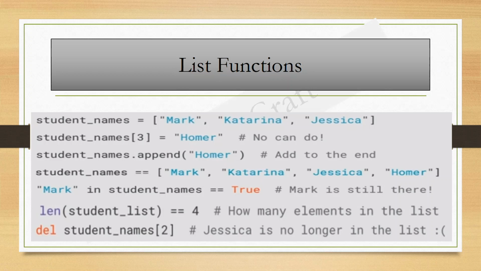Note that the list is going to shift to the left after this operation. So whatever elements we have to the right of Jessica, which is just Homer in our case, they are going to get moved one position to the left, meaning that student_name[2] is now going to refer to Homer and not Jessica.